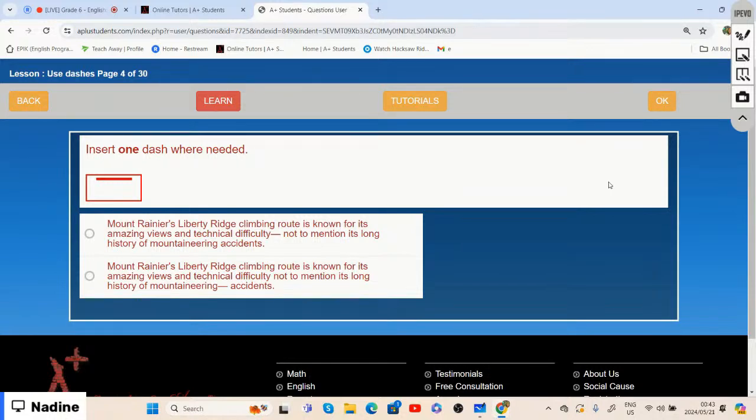All right, so we need to identify the one dash where needed. So insert the one dash where needed. It says option one, Mount Rainier's Liberty Ridge climbing route is known for its amazing views and technical difficulties, not to mention its long history of mountaineering accidents.